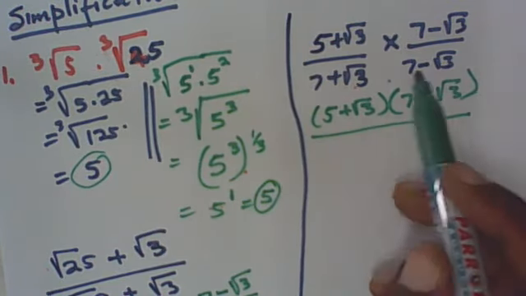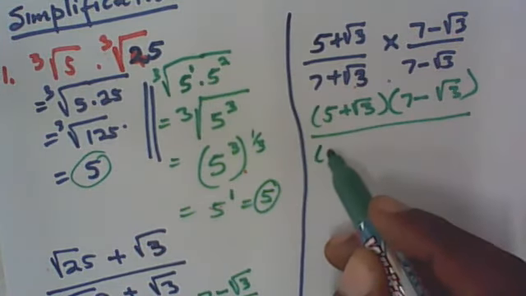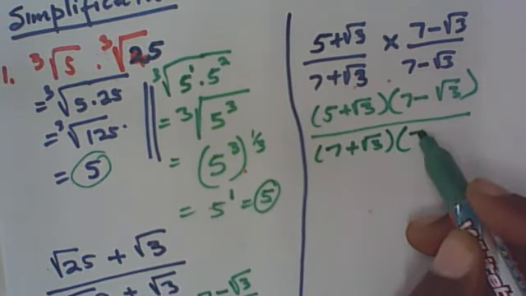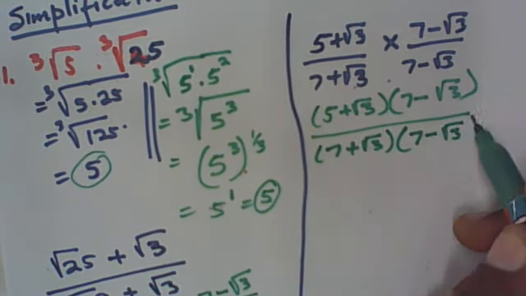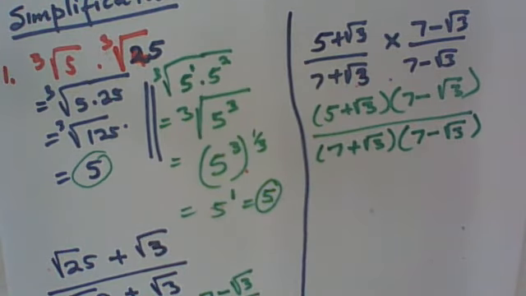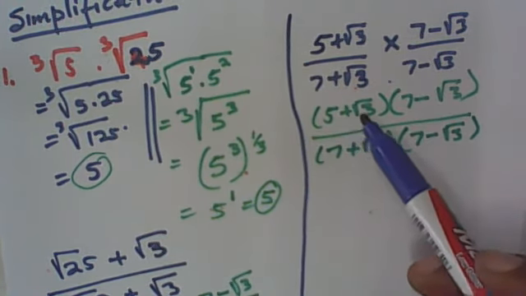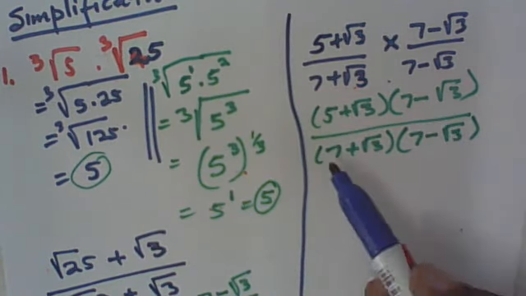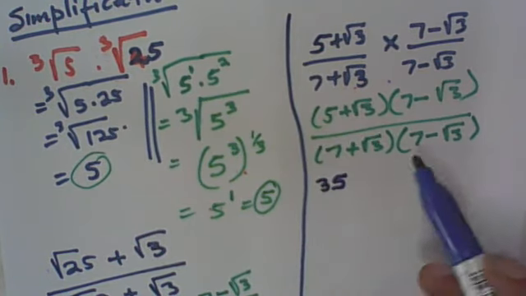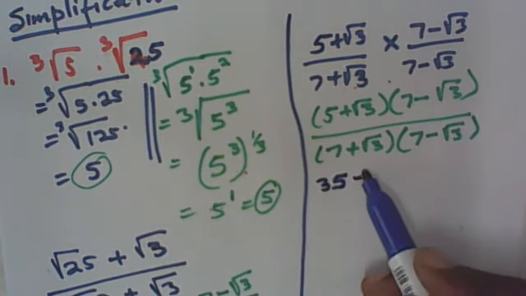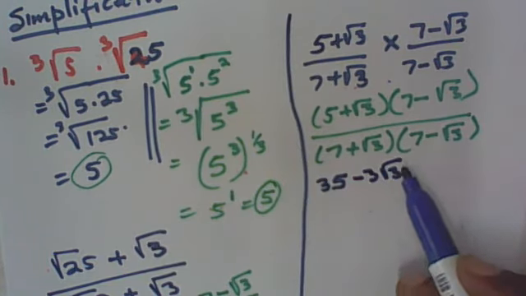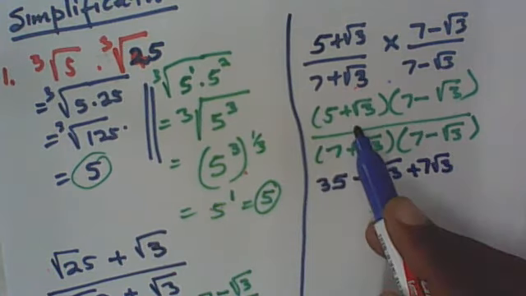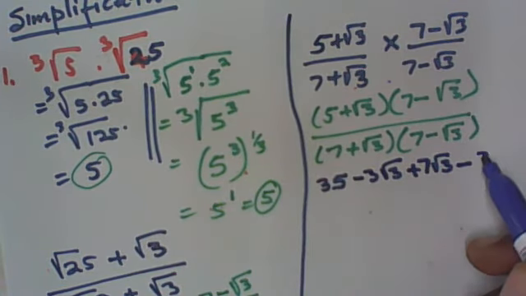So how do we do that? Let us do it like this so that you can see exactly what I'm doing. FOIL method: first, outer, inner, last. 5 times 7 is 35. 5 times minus root 3 is minus 5 root 3. Root 3 times 7 is plus 7 root 3. Root 3 times minus root 3 is minus 3.